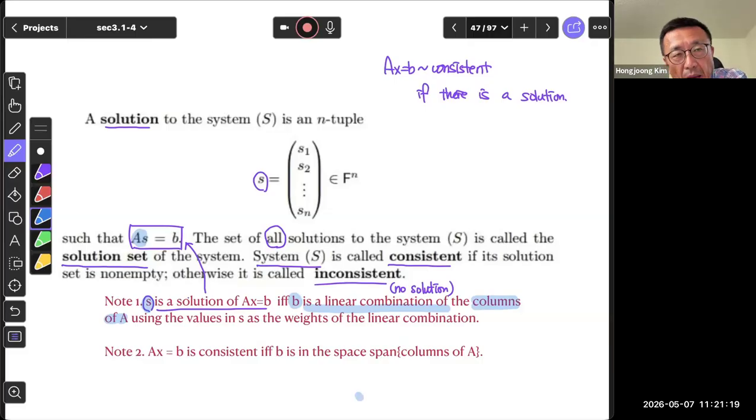And Ax equals b is consistent means that there exists at least one solution.